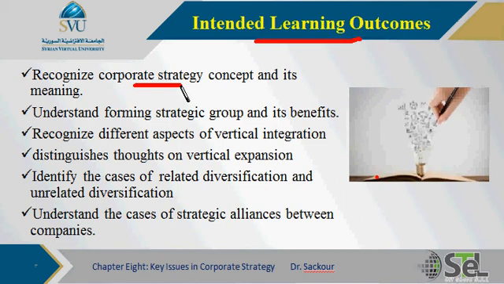We will recognize corporate strategy, understand forming strategic groups and their benefits, aspects of vertical integration, vertical expansion, related and unrelated diversification, and understand the cases of strategic alliances between companies.